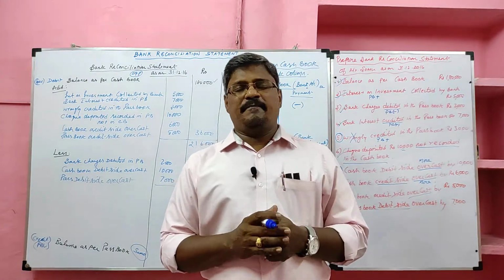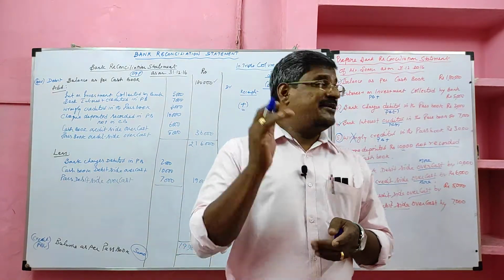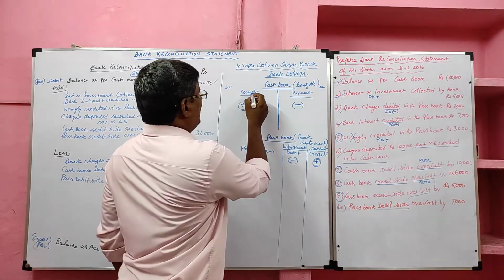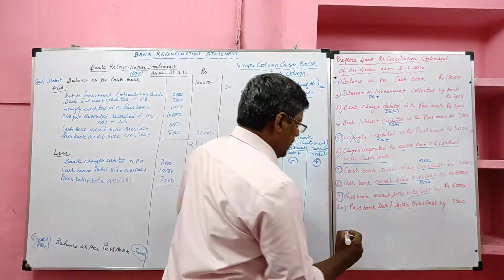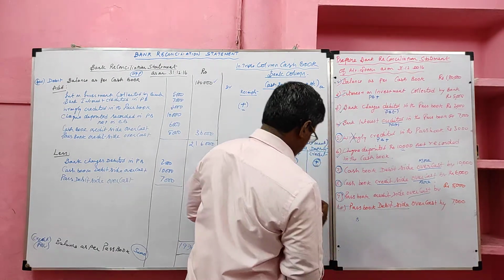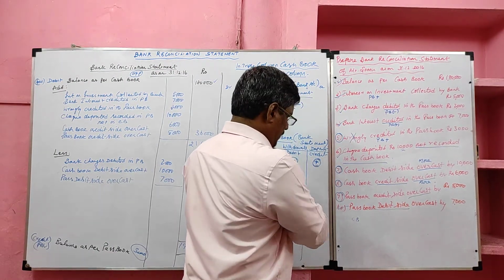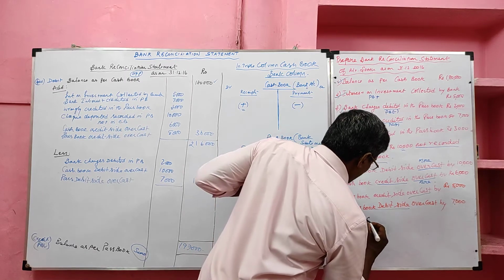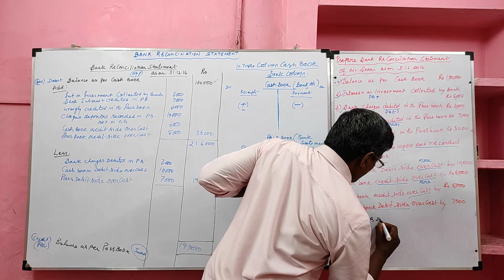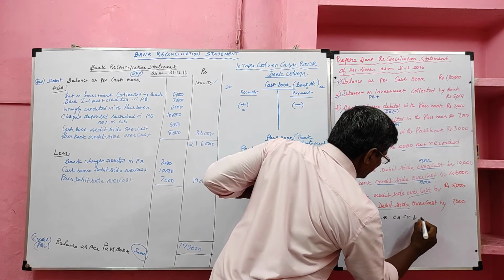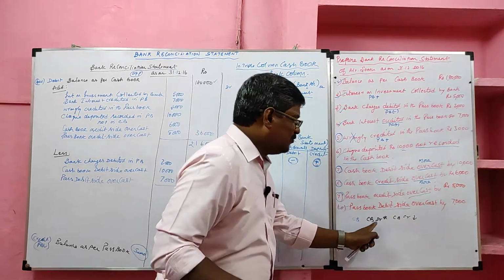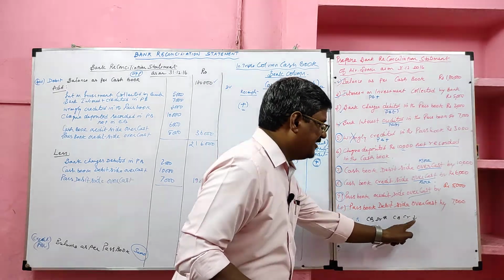Students, listen carefully. Cash book debit side more means cash book credit side less.